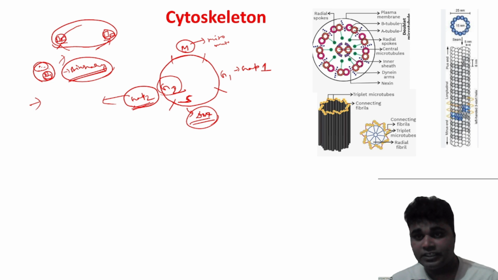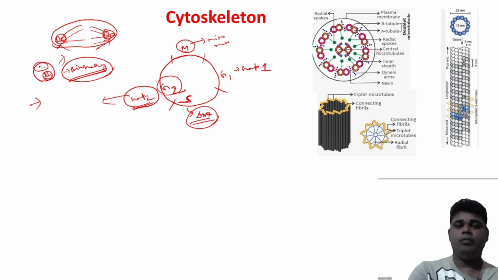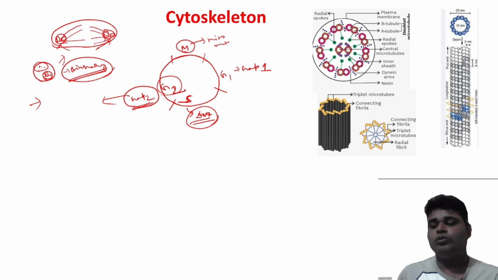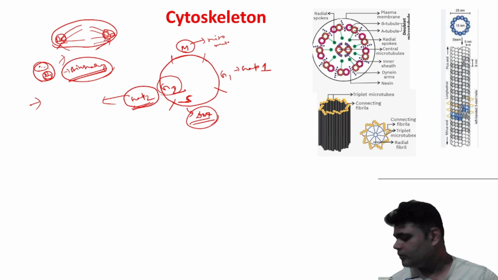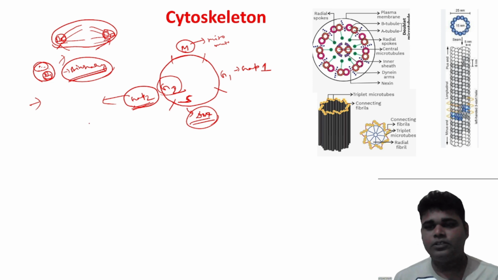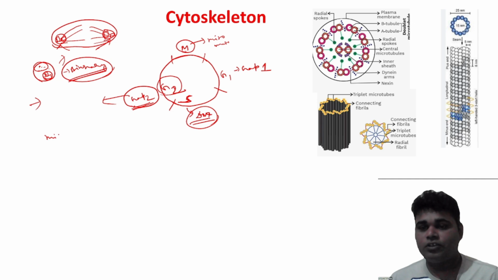The spindle fibers are formed. So this is all about the centrioles and centrosomes. Now let us come to the function of the cytoskeleton, or the function of the microtubule.